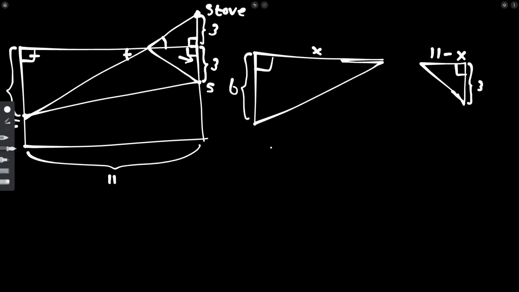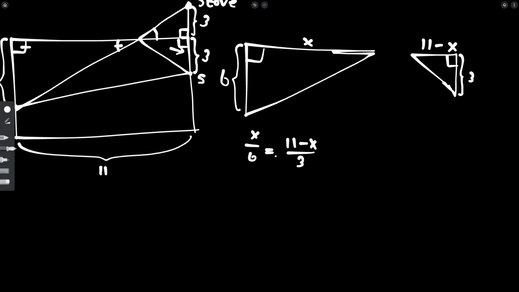So we're trying to see a value of x that satisfies x over 6 equals 11 minus x over 3.